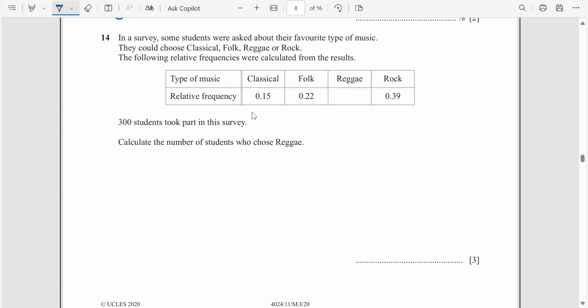So when you have relative frequency, you should know that the sum of all of them should be 1. So to calculate this, let's just write this as x. This should all equal 1. So let's find x first.